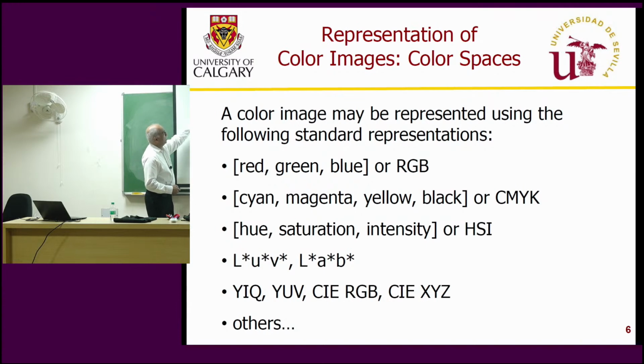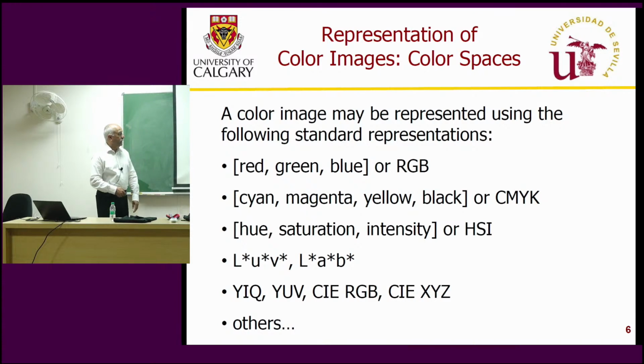So this could be called the additive primaries, and this could be called the subtractive primaries or secondary primaries. HSI, as I mentioned, and then there are some standardized representations from the International Commission for Light.